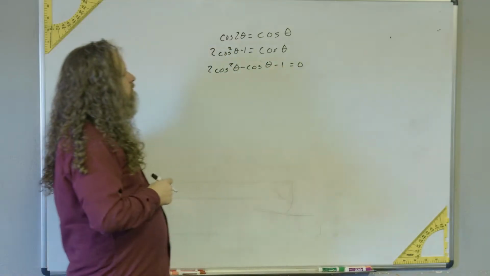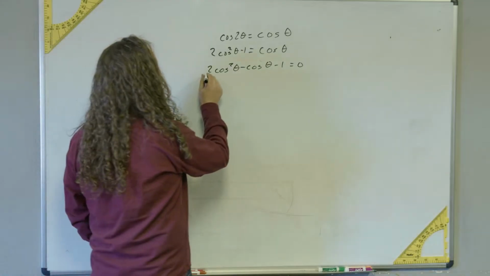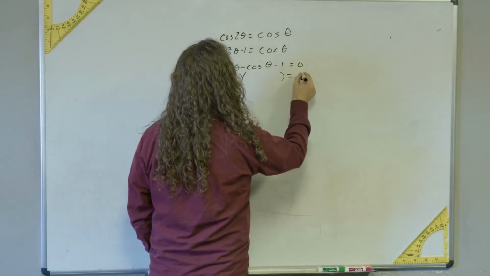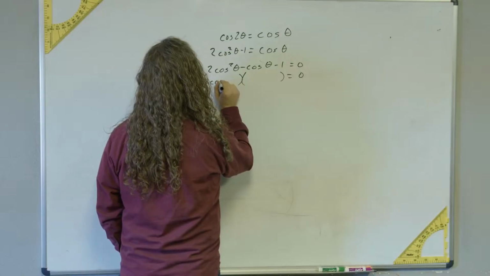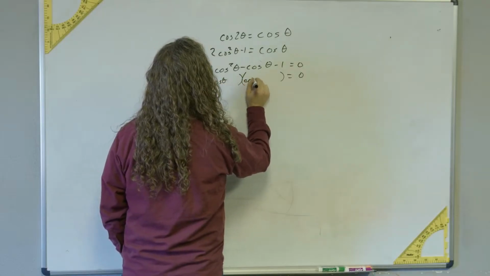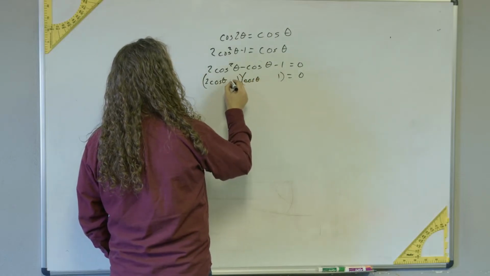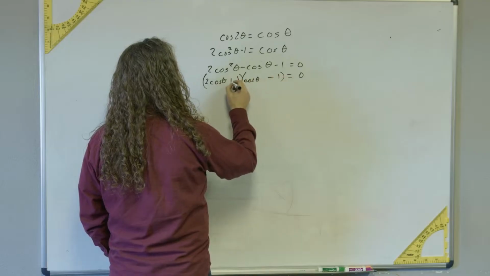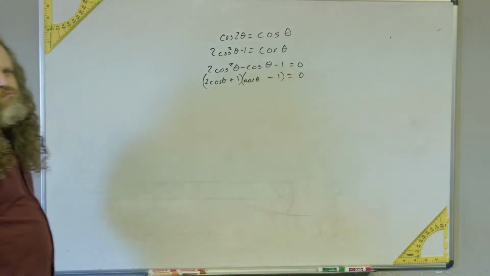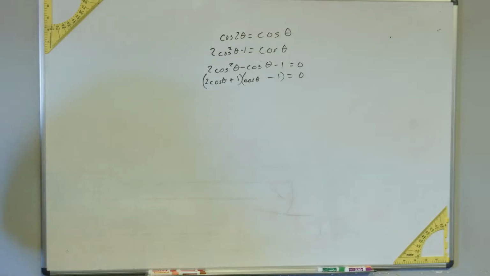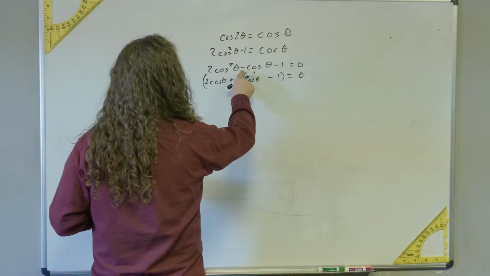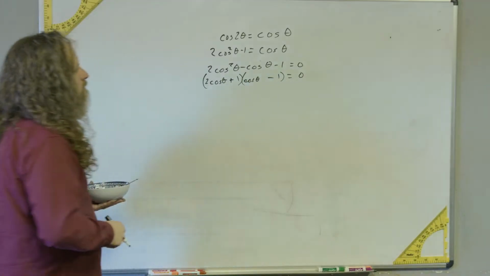And then I factored and got 2 cosine theta and cosine theta, and 1 and 1, with a plus and a minus. No, it needs to be the other way around, otherwise the 2 cosine theta would square. We want a negative 1 in the middle. Oh yeah, that's right.